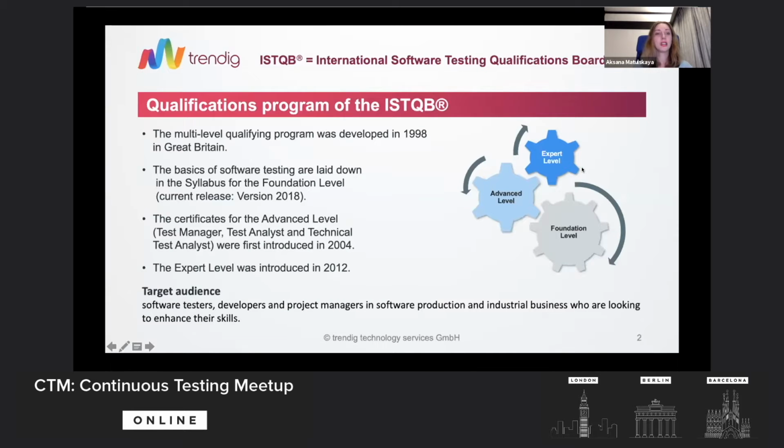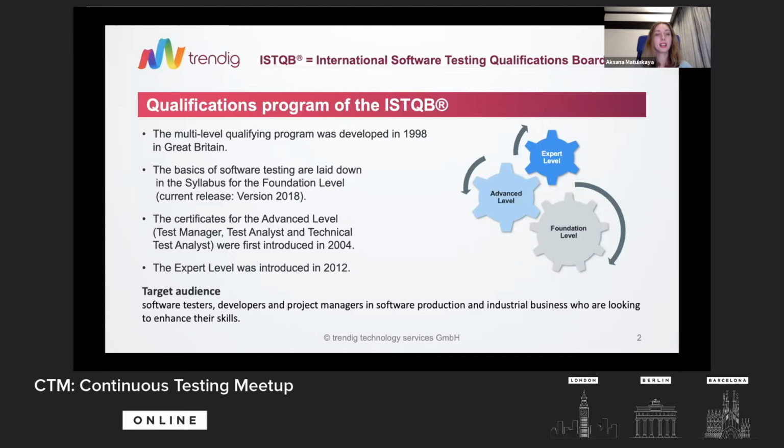As you know, I try to find definitions based on ISTQB, the International Software Testing Qualification Board. It is a qualifying program for everyone who is interested in software testing, like software testers, developers, project managers, business analysts, and all people who are looking to enhance their skills.